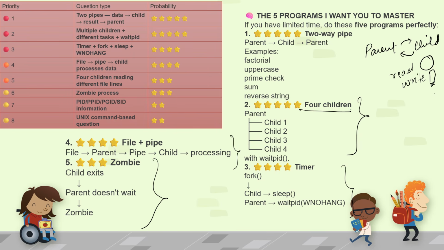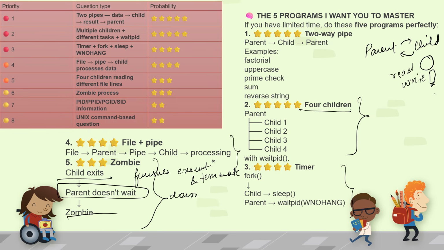Now, what is a zombie? The child exits, the parent doesn't wait. So basically the child process finishes its execution. Let's say you are the child. You finish your execution and terminate. After that, your parent fails to call wait. Your parent basically doesn't wait for you.